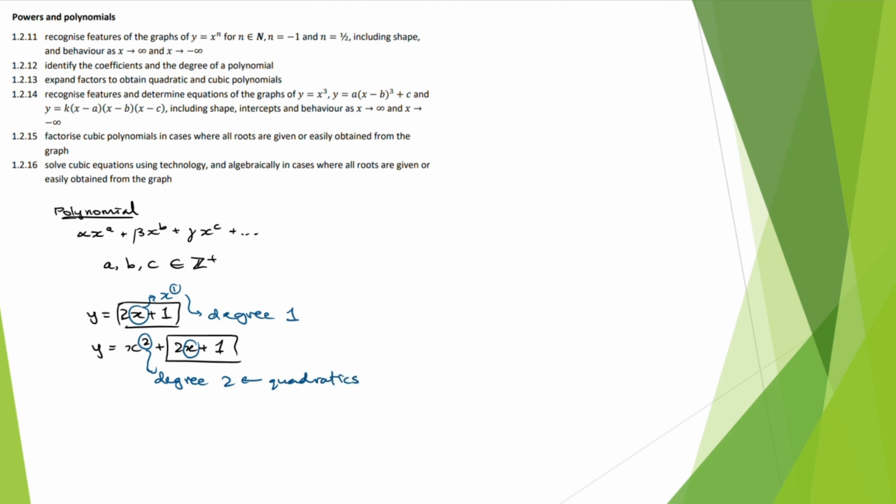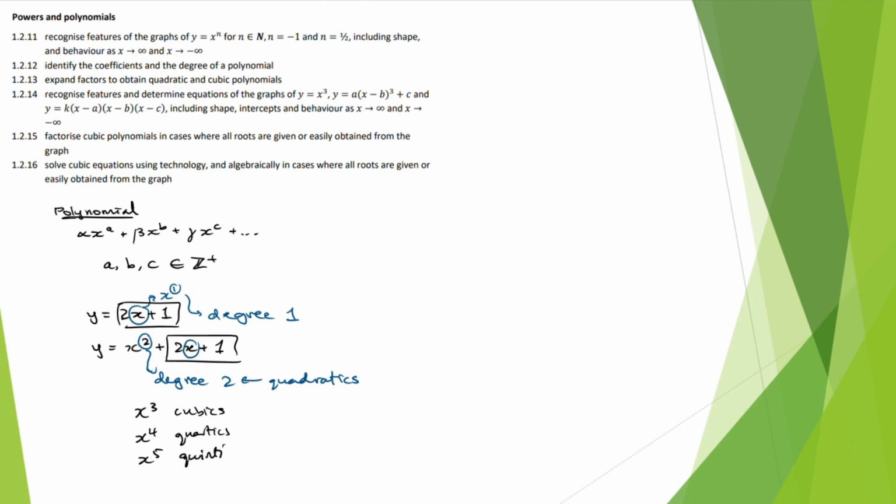And in this video, we're going to be going over higher degrees, for example, x cubed, x to the 4, which are referred to as quartics. These are cubics. We have quartics, and we can have quintics.